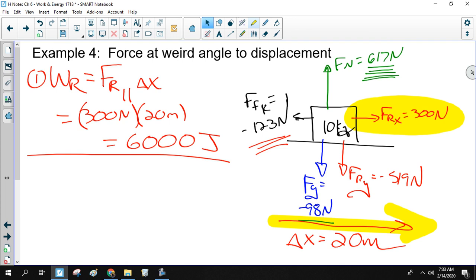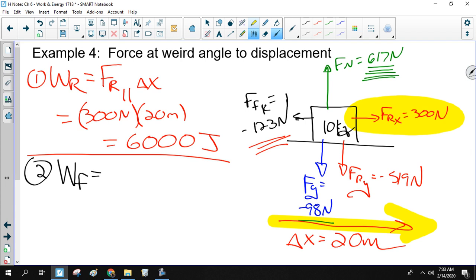All right. Number two, let's do friction now. Let's calculate the work done by friction. To do that, I need to know how much force friction is exerting in a direction that is parallel to the displacement. Well, my displacement is horizontally to the right, and my friction is horizontal to the left. So they're already parallel, or technically anti-parallel, so I can just multiply.